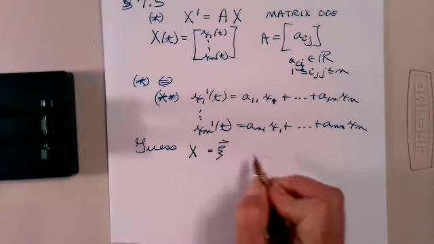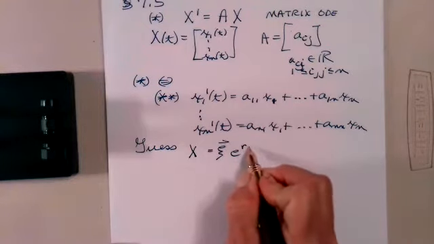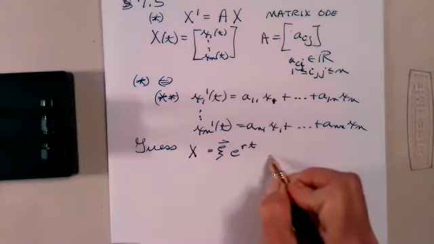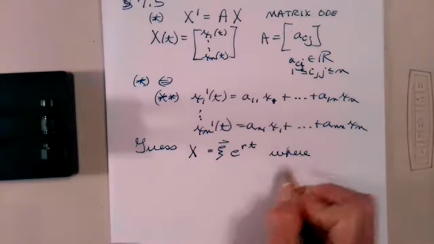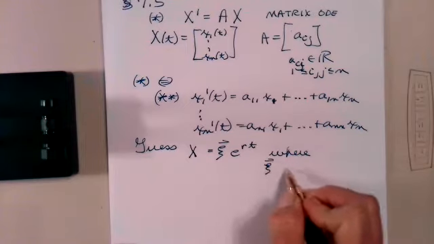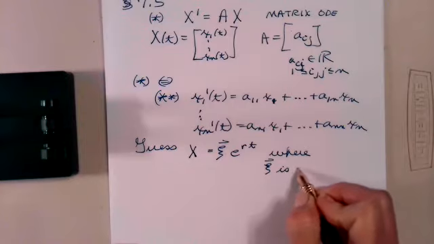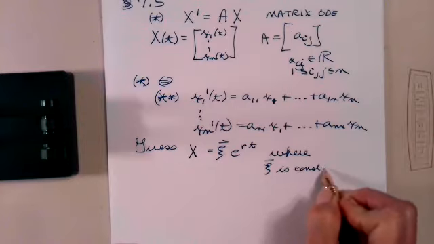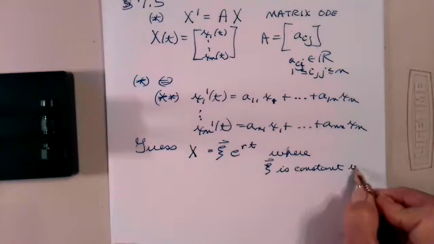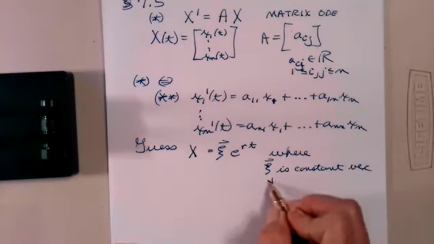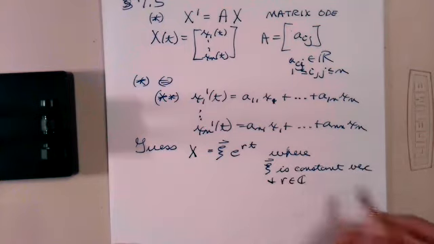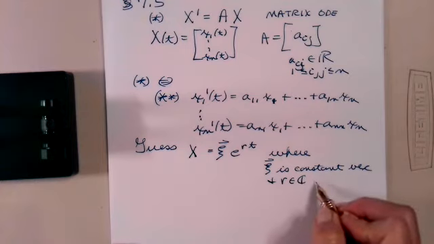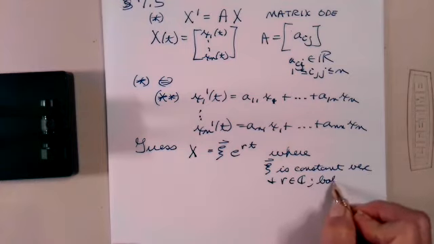a vector, let's call it C, times e to the rt, where C is a constant vector and r is a possibly complex number, and both are to be determined.